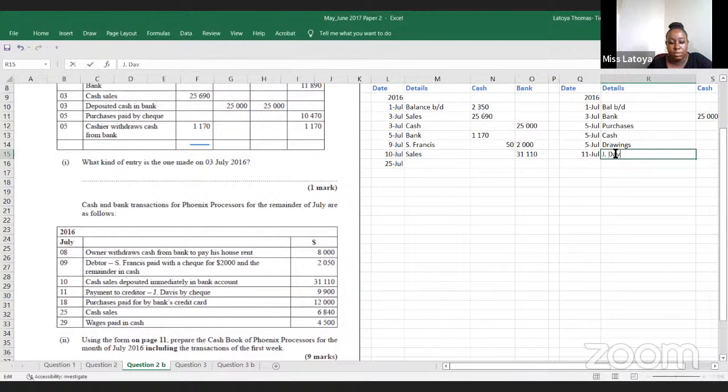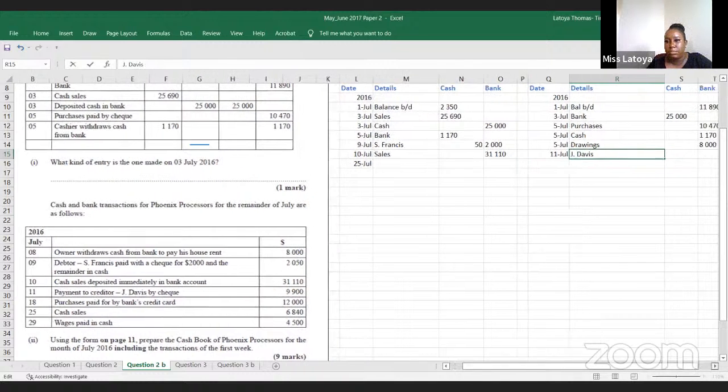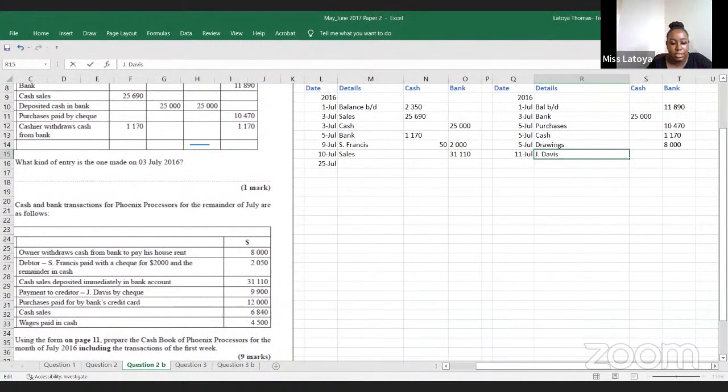J. Davis, and the amount is 9,900. Sorry, I'm writing it in the wrong place. I'm shifting it around so we can see it in bank, 9,900. Okay.